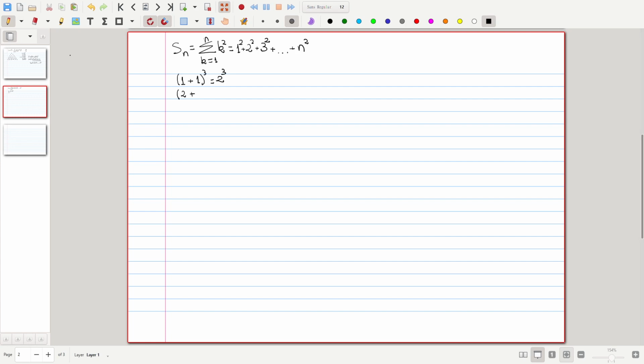I have (2 plus 1) to the cube equal to 3 to the cube. (3 plus 1) cube equal 4 cube, and let's put also (4 plus 1) cube equal 5 cube, and I have here (n minus 1 plus 1) cube equal n cube, and I have here (n plus 1) cube equal to (n plus 1) cube.